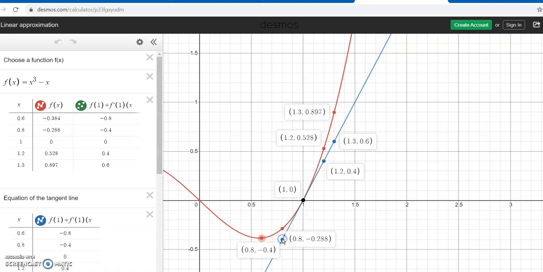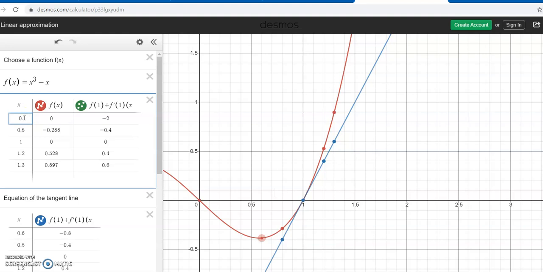If we track a point on the tangent line, say 1.1, which is very close to the point of tangency, you can see the value of the function and the output of the tangent line. We find 0.231 and then 0.2.